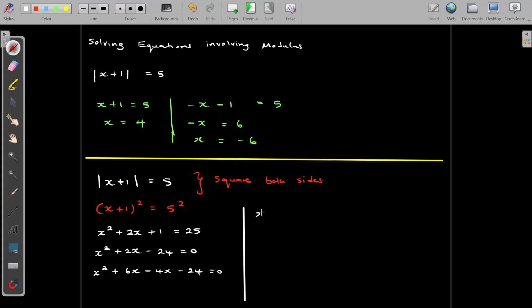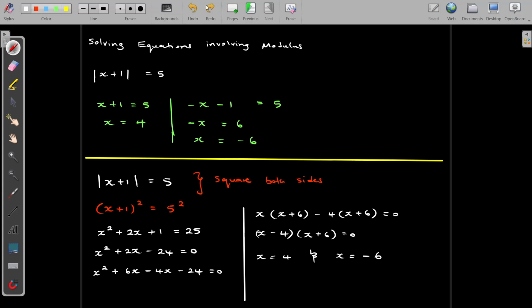Then we say x plus 6 minus 4 x plus 6. So x minus 4 and x plus 6 would be our two factors. So therefore x is equal to 4 and x is equal to negative 6, which is what we have up here.